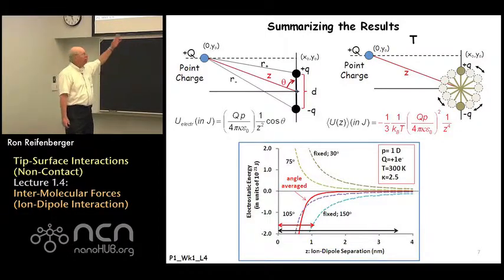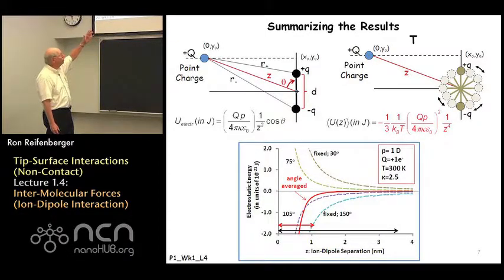I compare the interaction potential energies for a few fixed angles of 30, 75, 105, and 150 degrees to the angle average case, which is indicated by the red curve here on this slide.